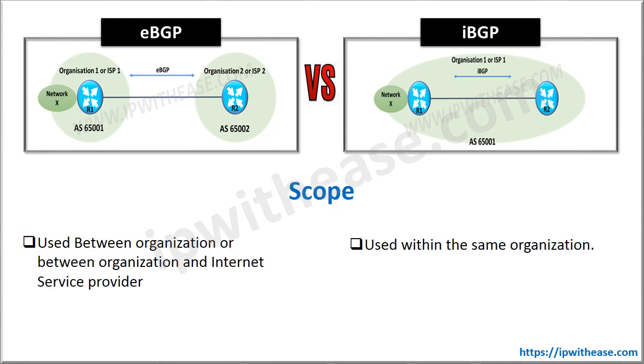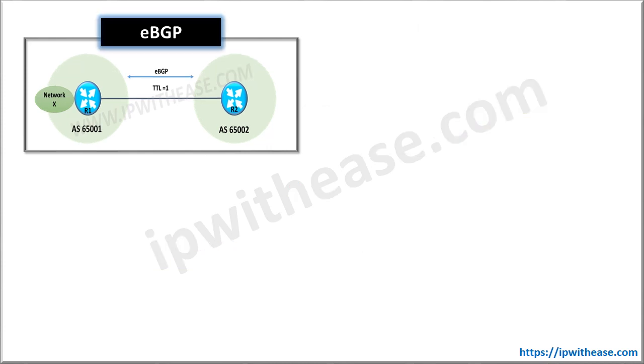Based upon the diagrams shared below, we can concur that eBGP is used between organizations or between an organization and the internet service providers, while IBGP is used within the same organization or ISP.